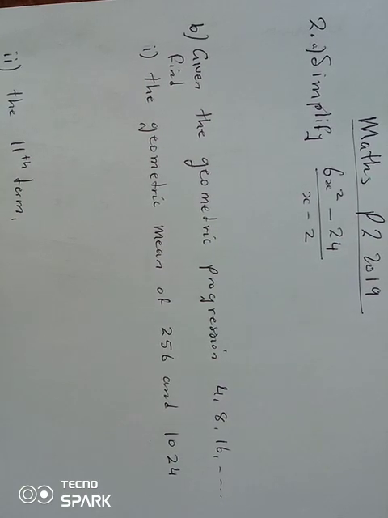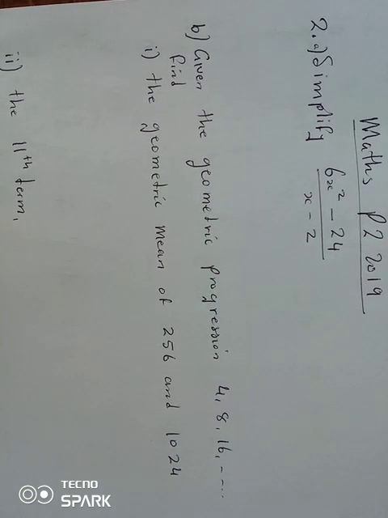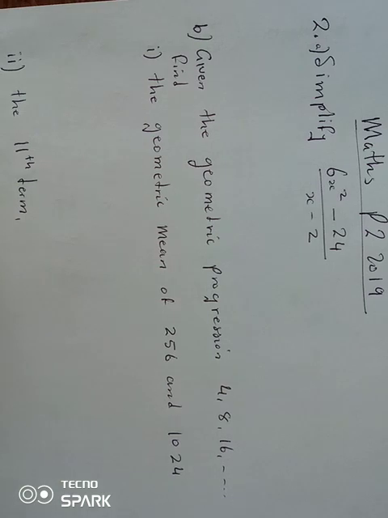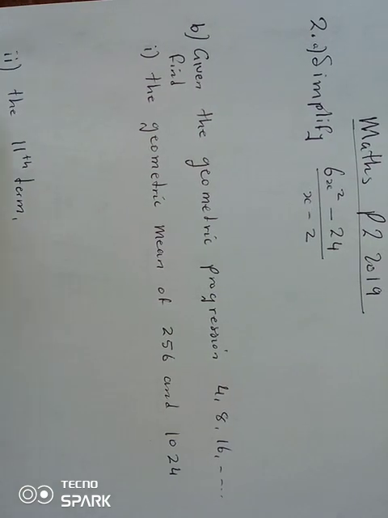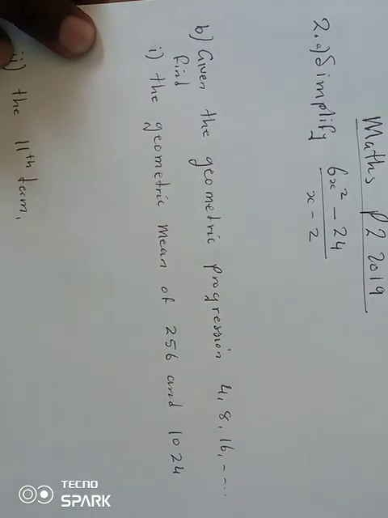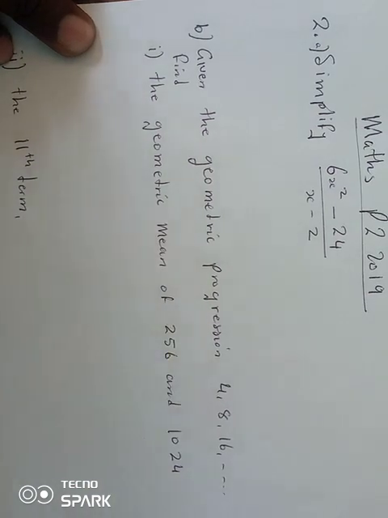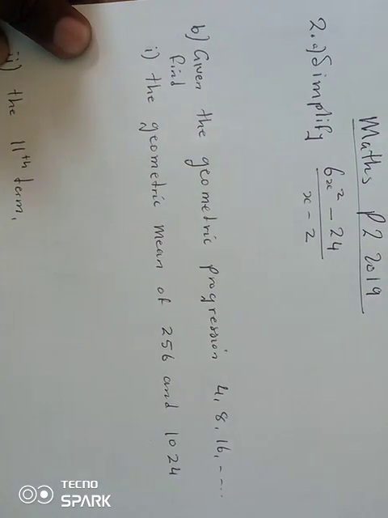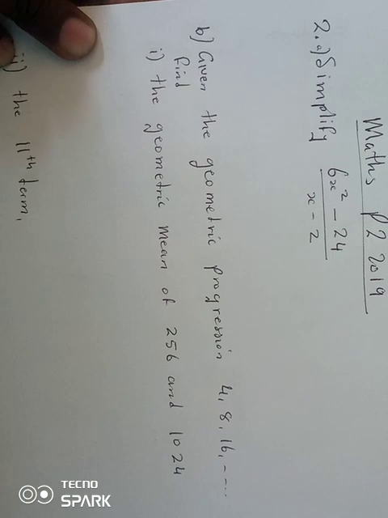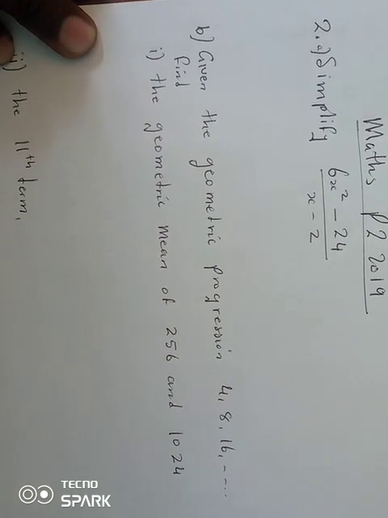The first one says simplify (6x² − 24)/(x − 2). Okay, so we need to begin to simplify. Mostly what I encourage is expand the terms.